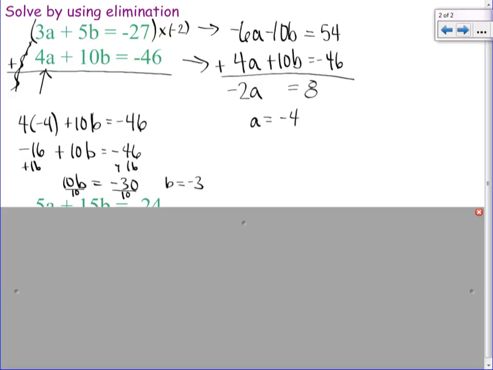So our coordinates, we put them in alphabetical order. -4, -3. So elimination, you're trying to eliminate one of the variables right away.